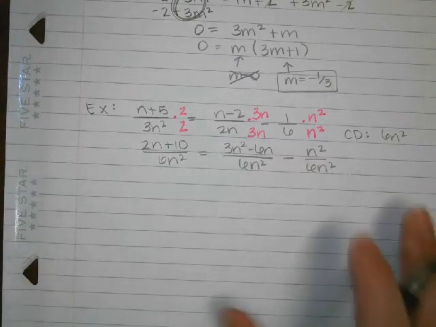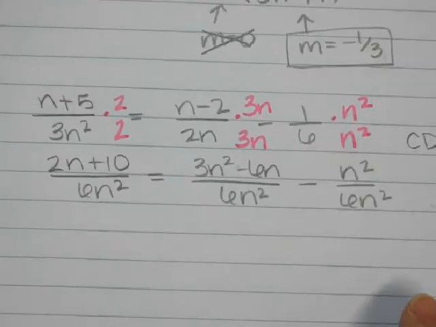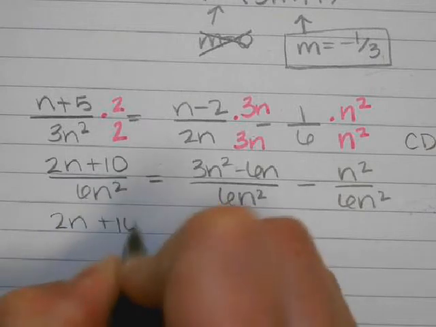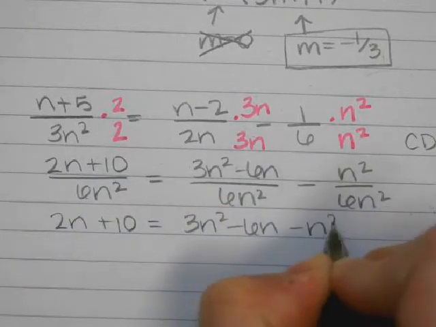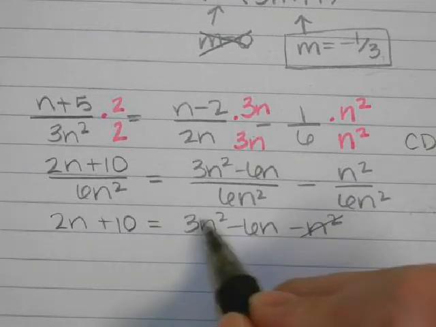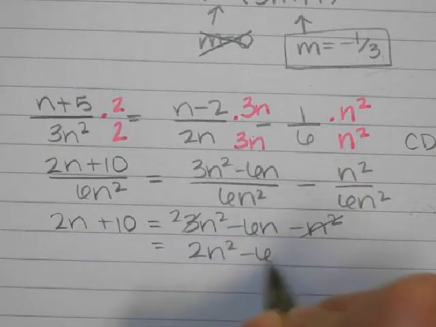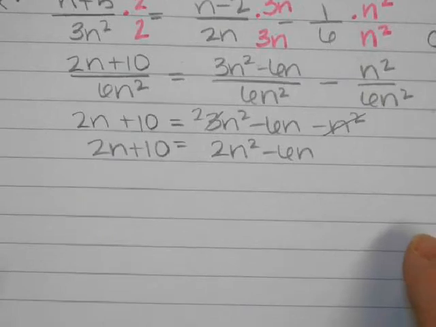So at this point, I have all my denominators there, so I can go ahead and get rid of them. So I have 2n plus 10 equals 3n squared minus 6n minus n squared. So I have 2n squared minus 6n. So this right here, again, we have another quadratic.